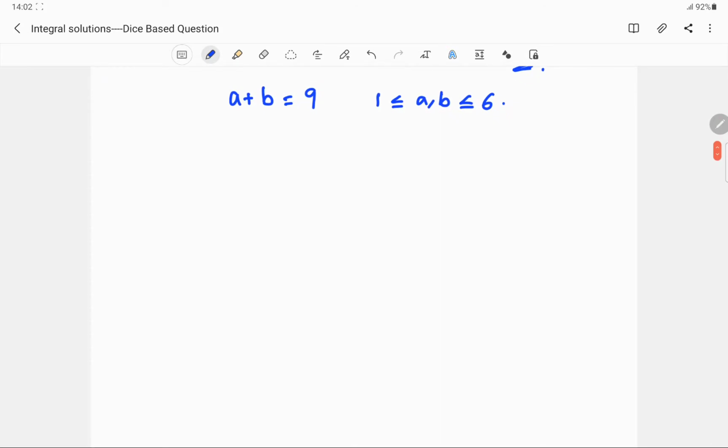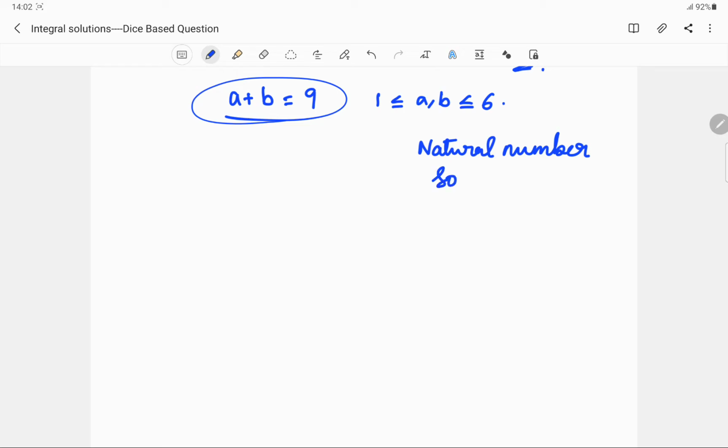Moreover we are asked to find the number of integral solutions, which means we are looking at natural number solutions to this equation, because a and b are starting from 1. Had a and b started from 0, it would have been a whole number solution. So we are looking at natural number solutions to this equation.